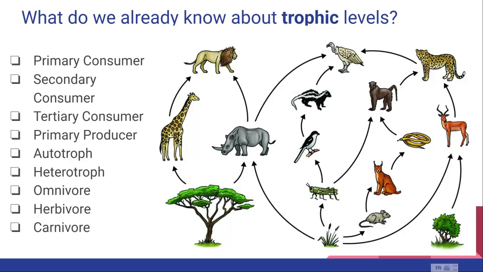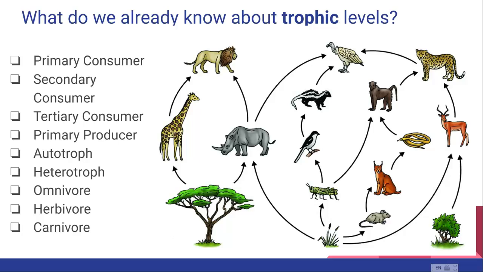A primary producer is actually the only kind of producer, and they produce their own energy. Can you guess which organisms are primary producers in this food web? And these are not mutually exclusive, but an autotroph feeds itself, makes its own food. I'm not talking about in the kitchen, but using their own bodies, they make their own food. So again, which of these organisms can do that?